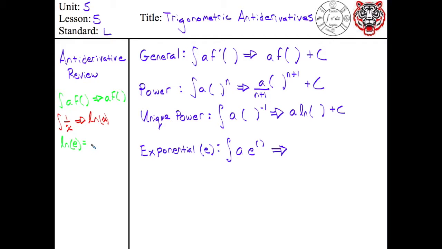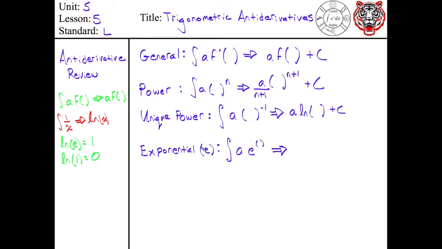Is that 0? Is that 1? Is that infinity? Natural log and e, they kind of cancel each other out to leave a 1. And natural log of 1 is 0. Okay, you need to know all of these as well in the sidebar.